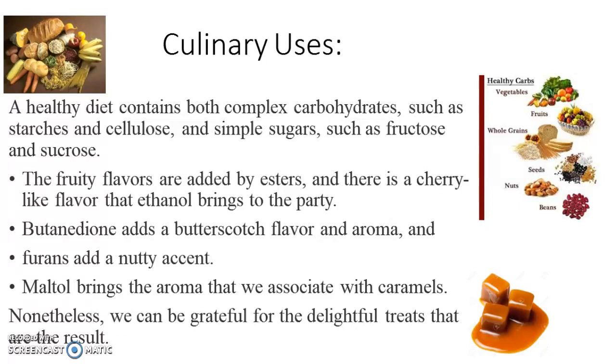So even fruits and vegetables break down into carbs. You have your grains, your seeds, your nuts, your beans, and legumes. Also, carbs form tasty candies that we eat, different breads. You have carbs in alcohol. So pretty much carbs can be in anything.